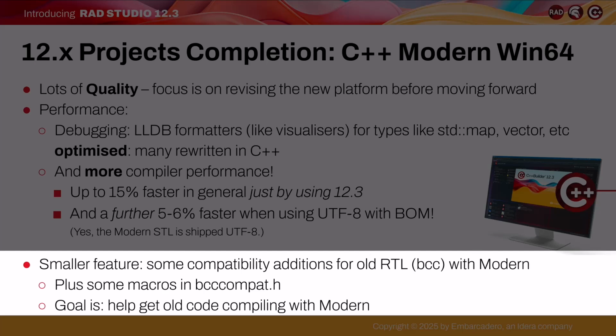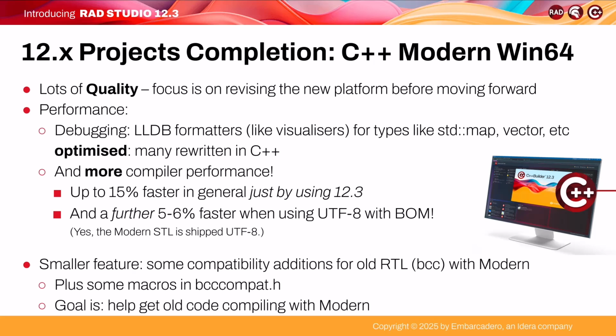But the goal here is to help you get your code compiling. Don't ship code using this, but use it to migrate your code. We hope to remove any obstacles you find and make it easy to move forward. But don't forget, we really are strongly messaging move to the new toolchain, and this should make any issues you have just that little bit easier.